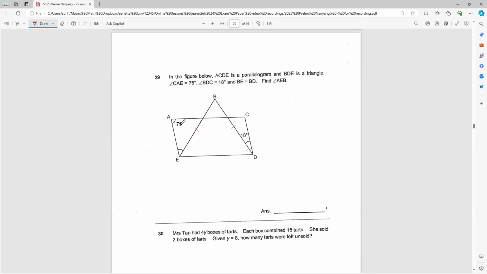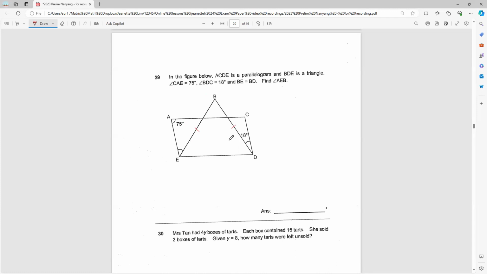Okay, so first, in a parallelogram, opposite angles are the same, right? So this is 75 degrees, which means that I can find BDE. And that is the same as this.